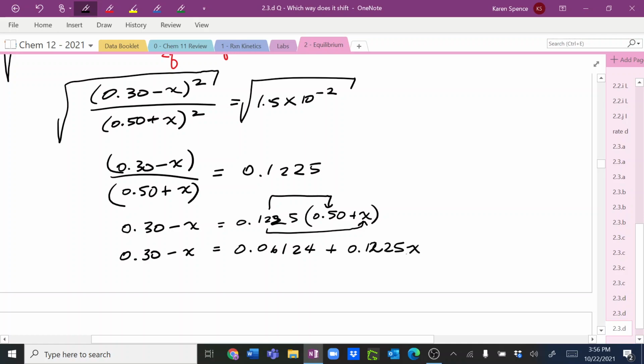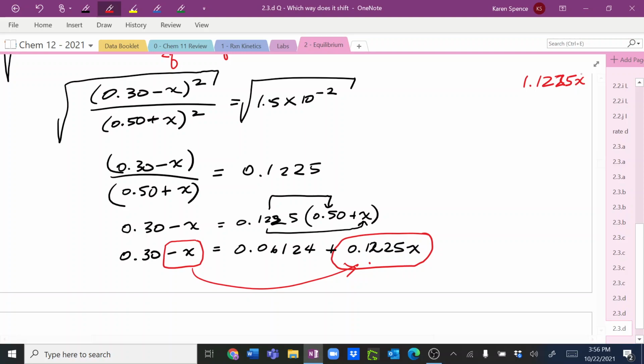Now we need to combine our x terms. So I'm going to bring this one over here, and that's going to give me 1.1225x.